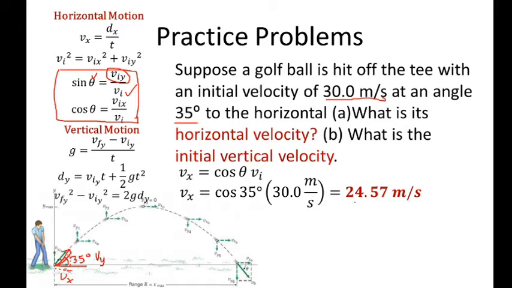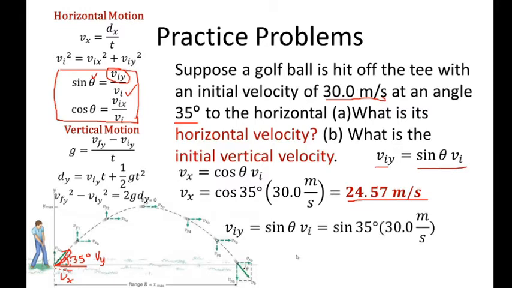So our initial velocity in the x now is 24 meters per second. And then for the initial velocity in the y, formula is this one, sine theta times vi. And substituting values, we have sine 35 degrees times 30 meters per second.